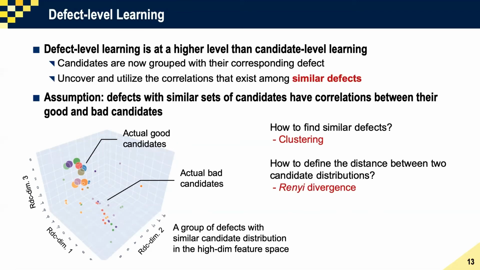If we can have a distance measurement that measures the distance between the 2 candidate distributions, then clustering algorithms can be used to identify the similar distributions. We use an estimator for range divergence to define the distance between 2 candidate distributions.